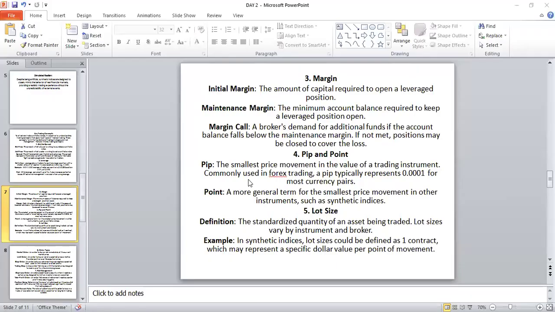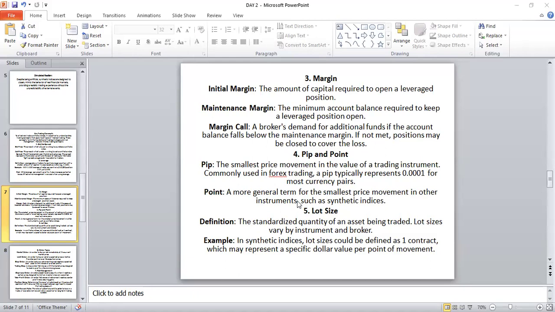But if you look at this closely, you observe that pips vary, and pips work alongside lots. I will explain. The screen says that a lot is the standardized quantity of an asset being traded.